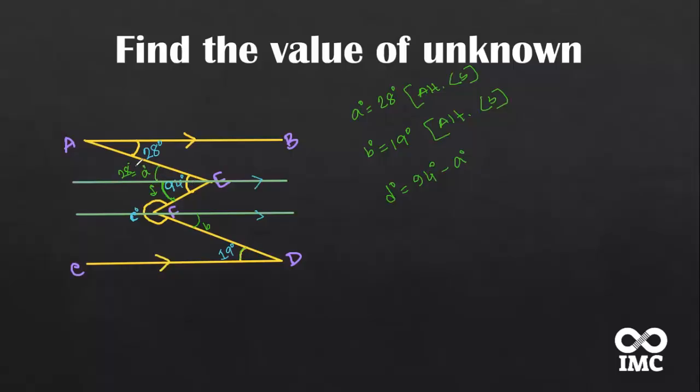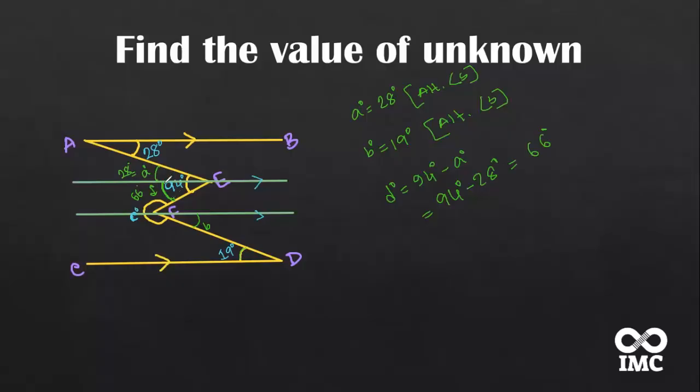Since we have already found the measurement of angle A, if I substitute the value of angle A here, then we can write 94 minus 28 degree. So after subtracting, we will get the value of D degree. So here it will be 6, then 9 minus 3 will be 6, 66 degree. So D degree will be 66.